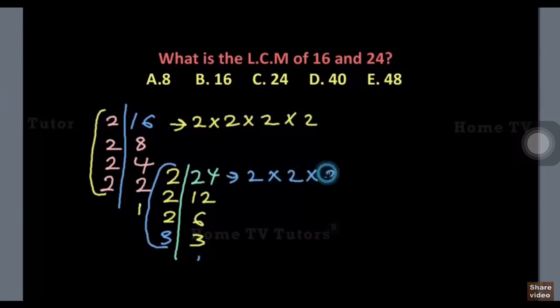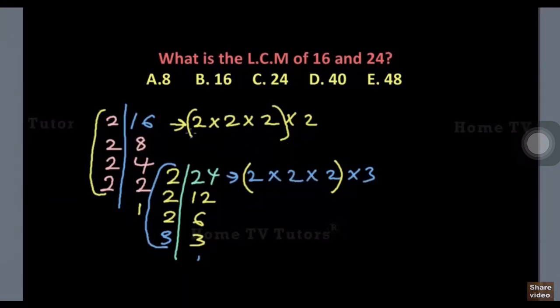So now 2 times 2 times 2 times 3 gives us what? 24. So now to find the lowest common multiple, we can see the numbers which are similar. That is 2 times 2 times 2. And it also appears in the factors of 24. 2 times 2 times 2, as you can see.